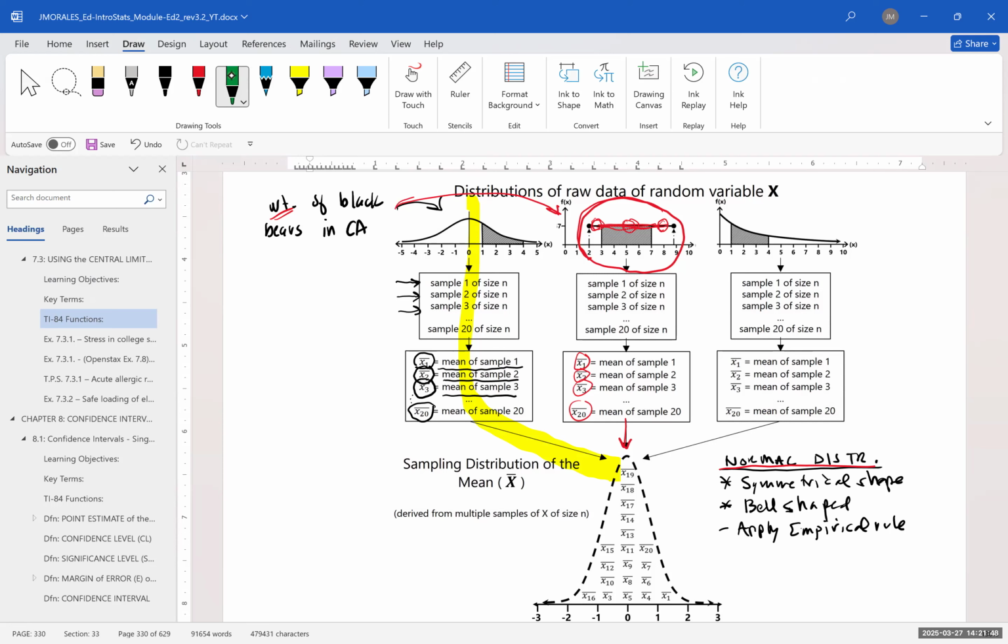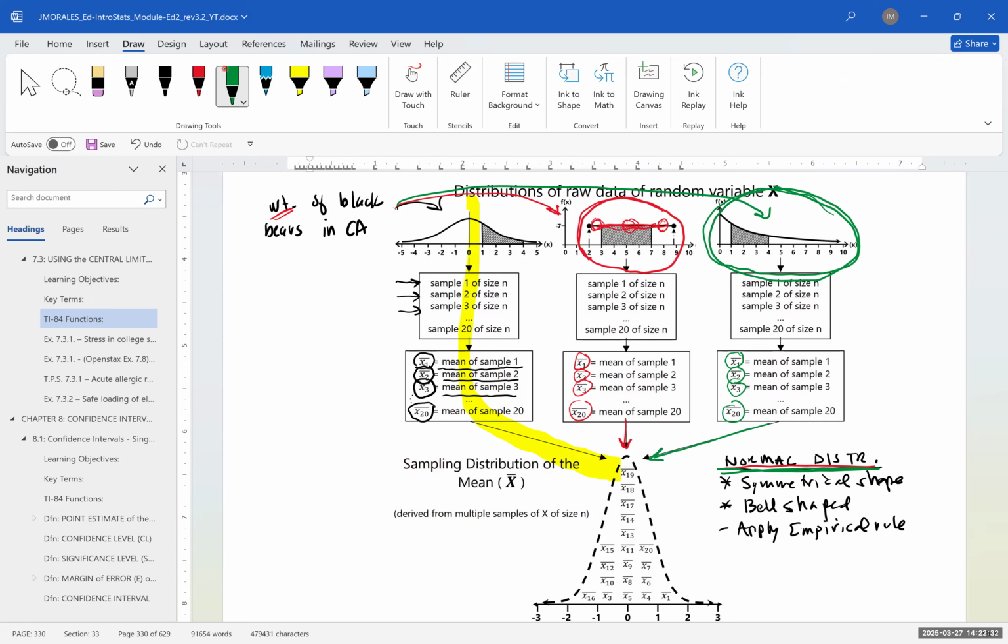And again, if the distribution of weights of black bears in California hadn't been normal or uniform, but it had been exponential, and we went to different places and sampled 16 bears and took all of those average weights from each of those trappings, each of those samples, and we were to graph those means, again, we would have gotten a normal distribution of sample means, even though the population distribution of weight was exponential to start with.